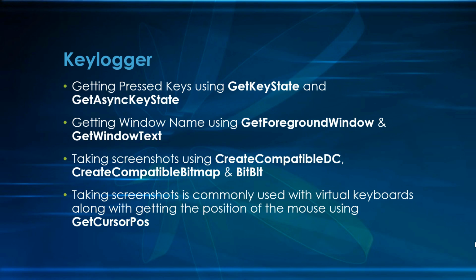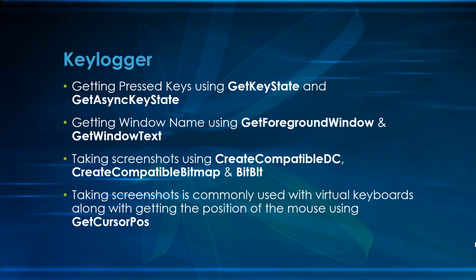These commands are used to copy pictures from all the windows to a JPG or bitmap picture, and taking screenshots is commonly used by malware to deal with virtual keyboards.